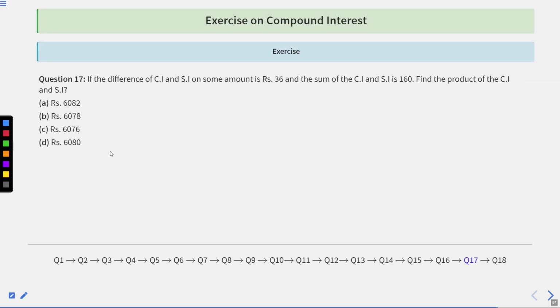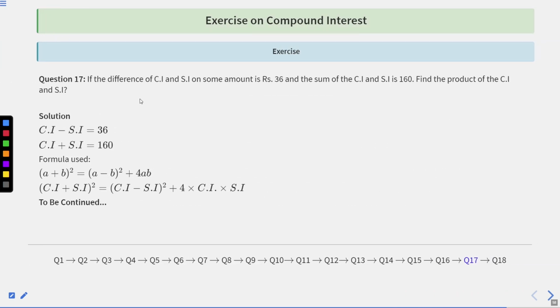Question number 70. If the difference of compound interest and simple interest on some amount is rupees 36 and the sum of the compound interest and the simple interest is 160, find the product of compound interest and simple interest. So compound interest minus simple interest is equal to 36.